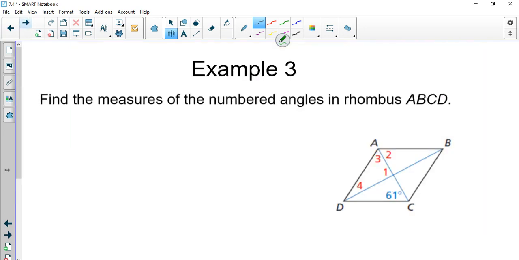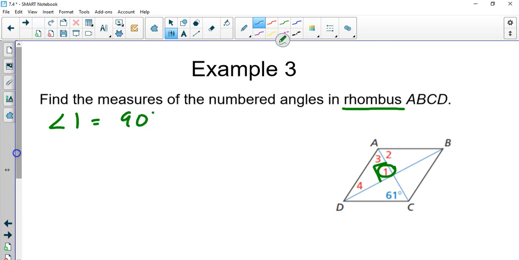All right, so, wow, what's going on here? Lots of stuff. So let's see what we can figure out here. First off, we know that since this is a rhombus, this angle right here is the intersection of the 2 diagonals. So angle 1 is 90 degrees. Has to be.